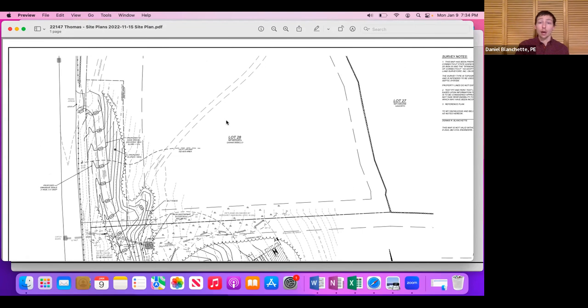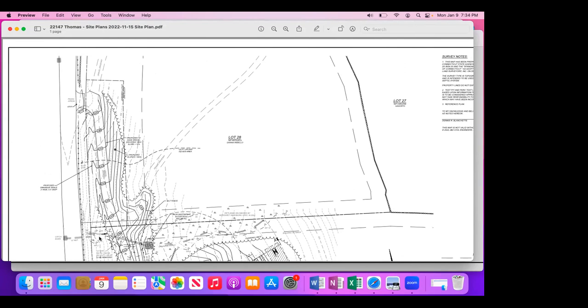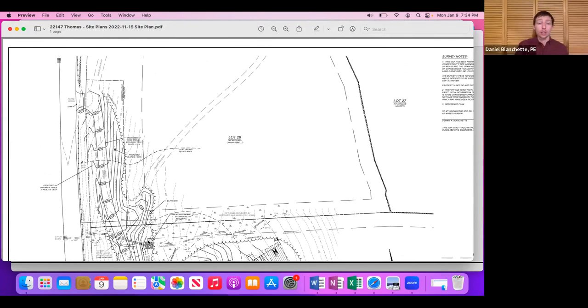Again, in terms of the house for lot 28, it's near the road. And so we're coming downstream of that. We're not really increasing the flow coming through here. We're not appreciably changing the impervious area. And so I don't think that we're making anything worse. Also, Muddy Brook is several hundred feet downstream. So we're pretty far separated from that.